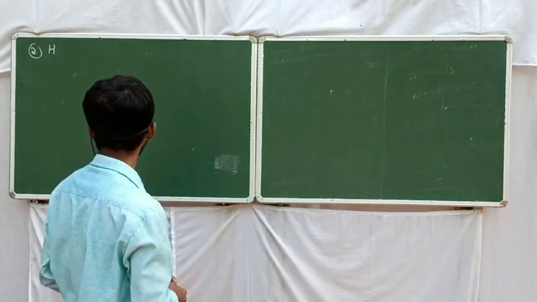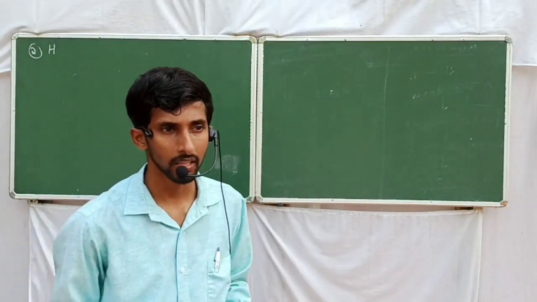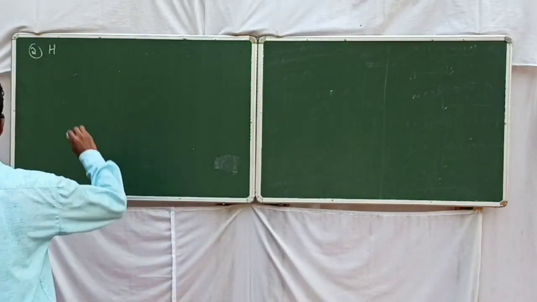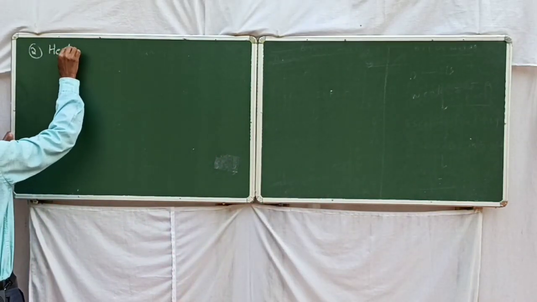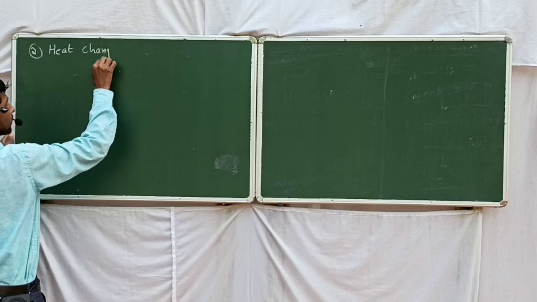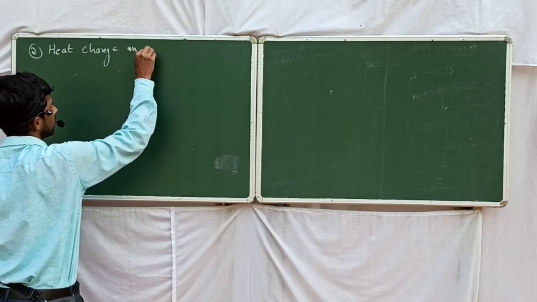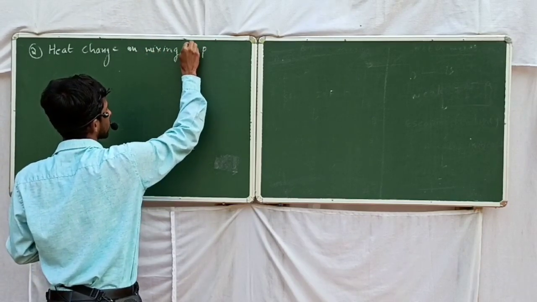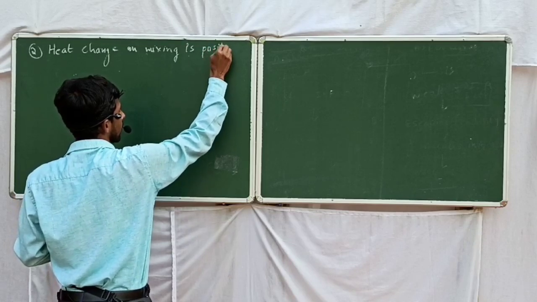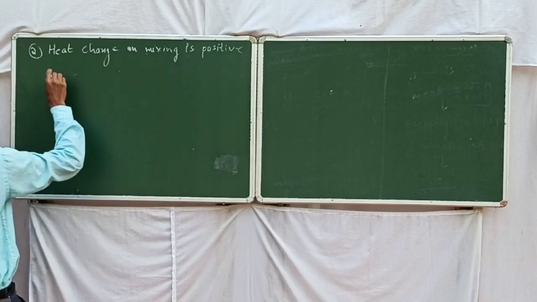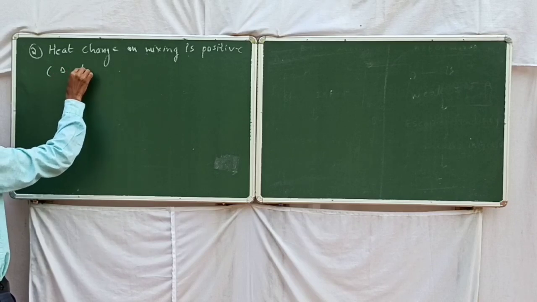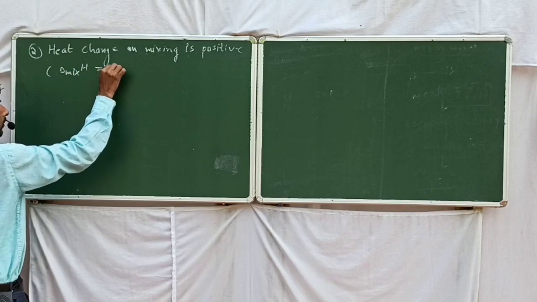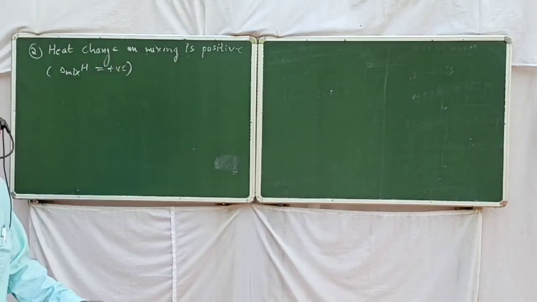Then in case of non-ideal solution showing positive deviation, here heat change on mixing is positive, that is delta H.